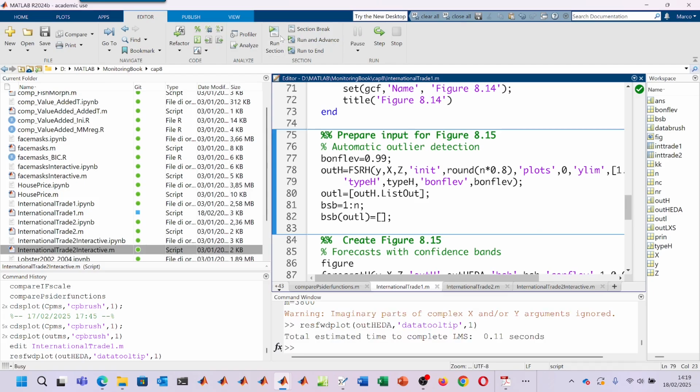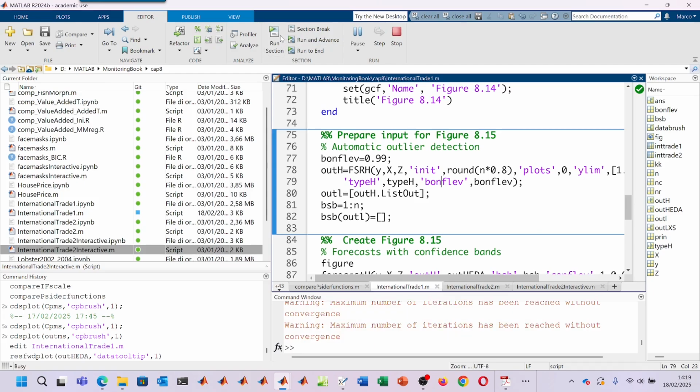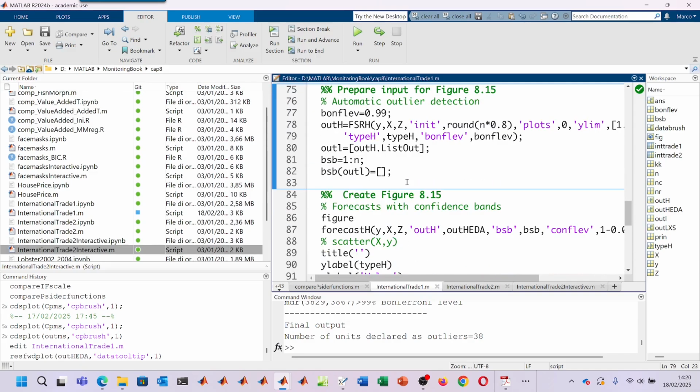The one that we have just done is an exploratory data analysis. Now we want to run the automatic procedure for outlier detection, and in this case it detects 38 outliers, using the 99% Bonferroni-corrected confidence bands.